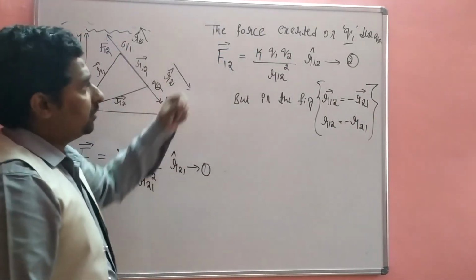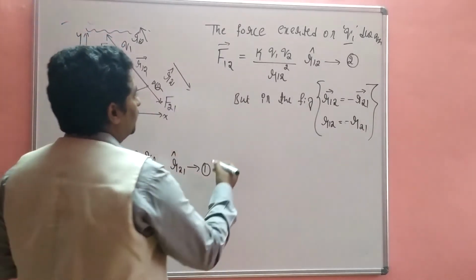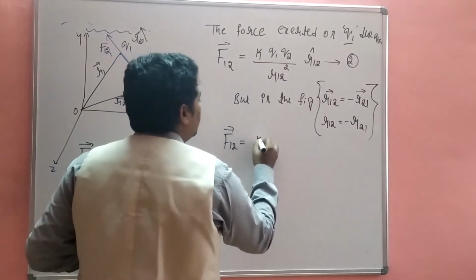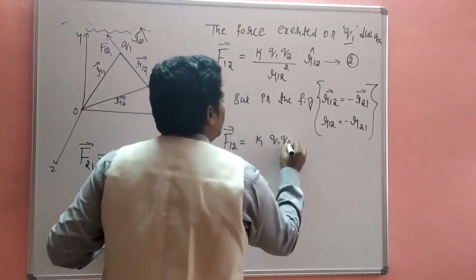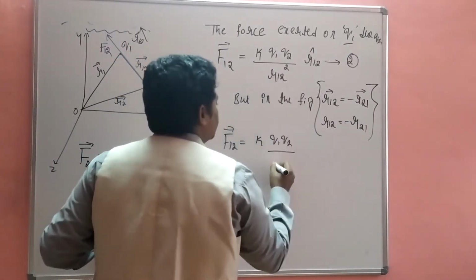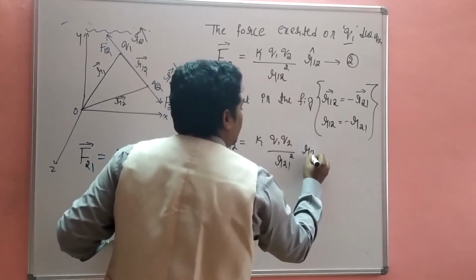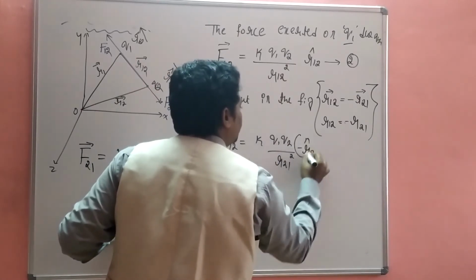So the conclusion from this is that F12 vector is equal to K Q1 Q2 divided by R21 squared, times R21 cap with a minus sign.